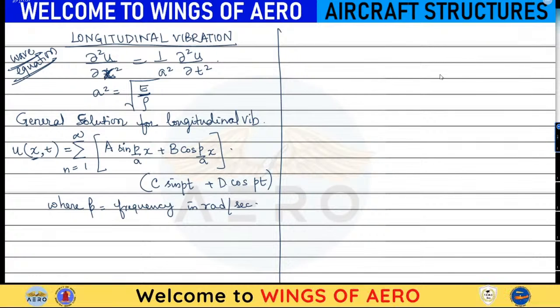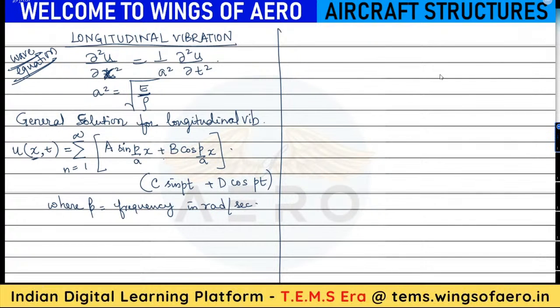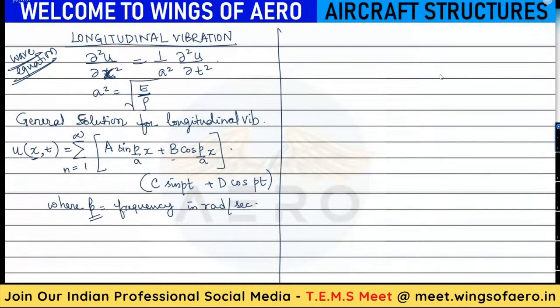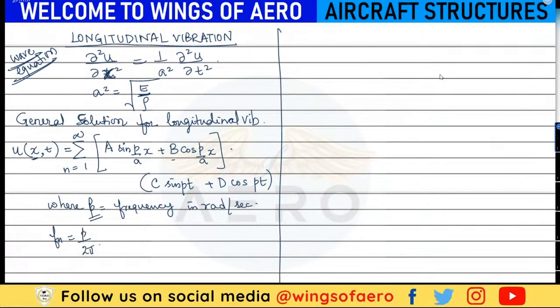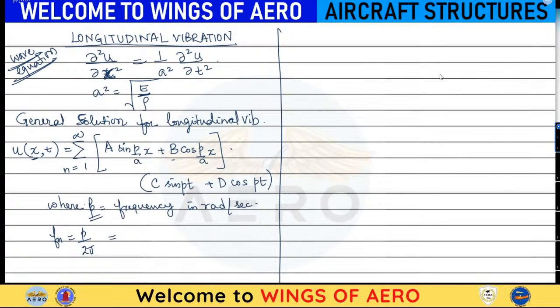After implementing the boundary conditions, you need to find these constants A, B, C, D, and second, you need to find the frequency, the p value. You know this formula, so just substitute and you will get the value of p in terms of hertz.